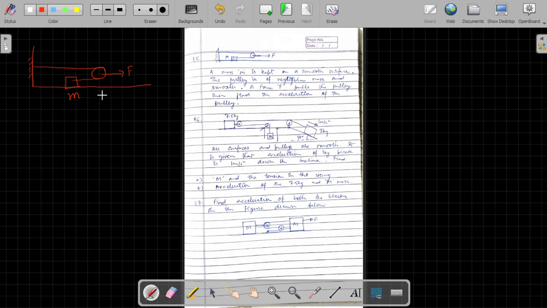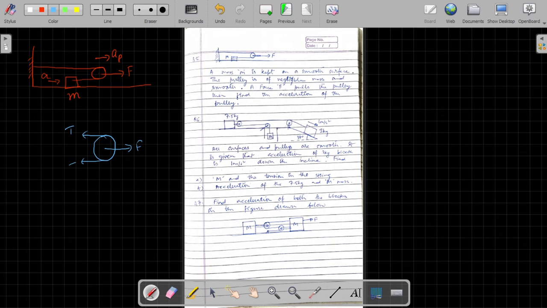So we are supposed to find the acceleration of the pulley. So how will we do it? First, let us assume its acceleration as some value AP. Let's say the acceleration of the mass m is some value A. Like in the previous video, we drew a lot of diagrams of the pulleys, and you know that if the force F is acting at the center of the pulley, then the force which is applied by the tension at the sides of the pulley is half of that force.